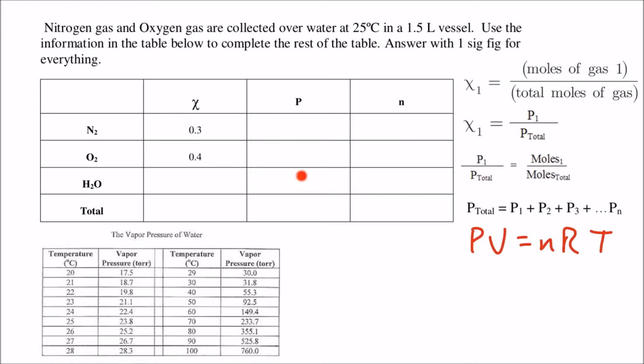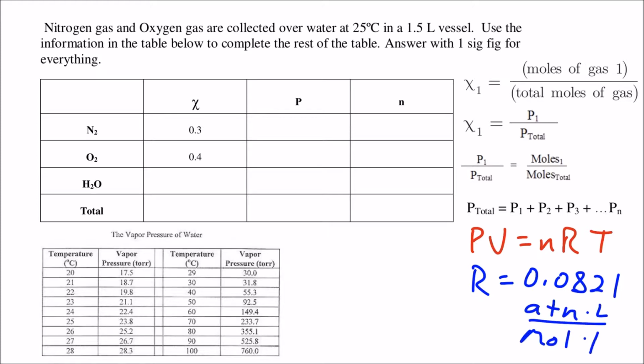Now you might be tempted to write 23.8 torr right here in the pressure of water, but I'm going to ask you not to do that because we have PV equals nRT over here. And our gas constant R is 0.0821 atmosphere liters per mole Kelvin. Okay, so we really need to be in atmospheres.